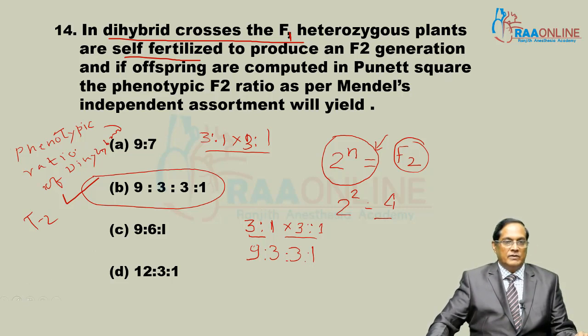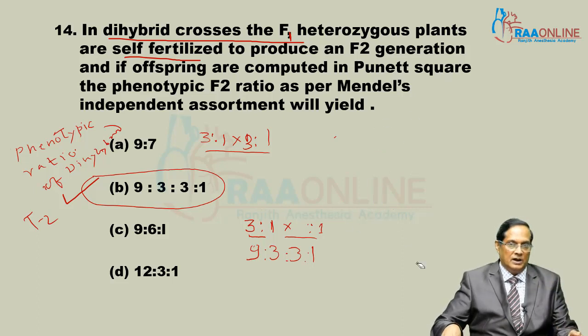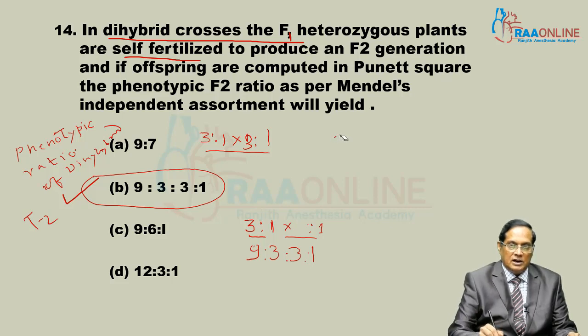The traditional way, if you want to make the checkerboard, it is also possible, but it will take time. How? Take a normal plant, that is capital T, capital V, and small t, small t, small v, small v. This is the parental generation.